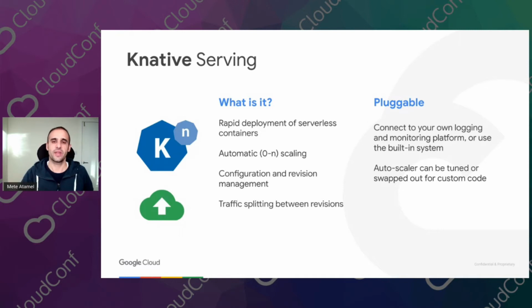So what Knative does is that it first creates a pod for your container, because as you know, on Kubernetes, you need to create a pod for your container, but Knative does it for you. Then it configures the traffic to that pod. So it sets up Istio if you're using Istio. It sets up the traffic for that container, so your container is available outside your cluster.